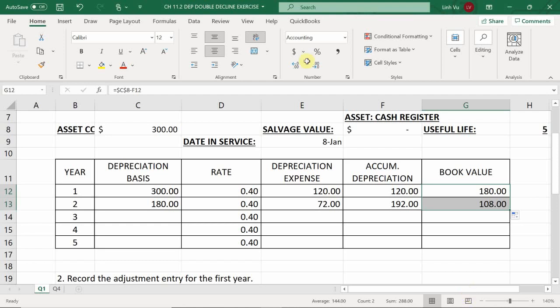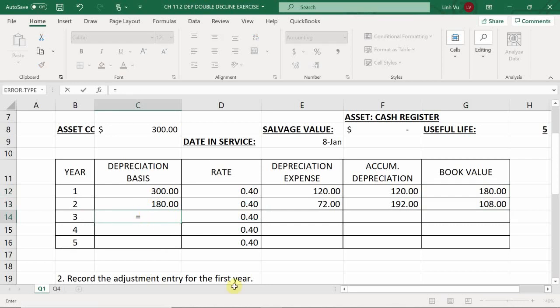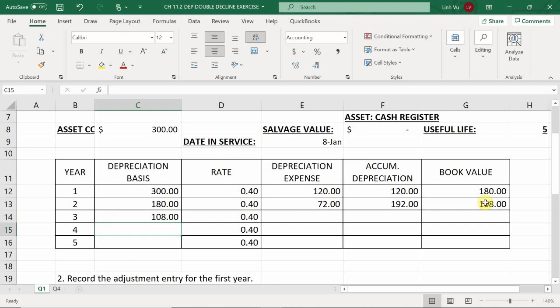All right. So then if 108 is going to be our book value at the end of year 2, that becomes my book value for the beginning of year 3. Okay. So then what is my depreciation basis for year 3?